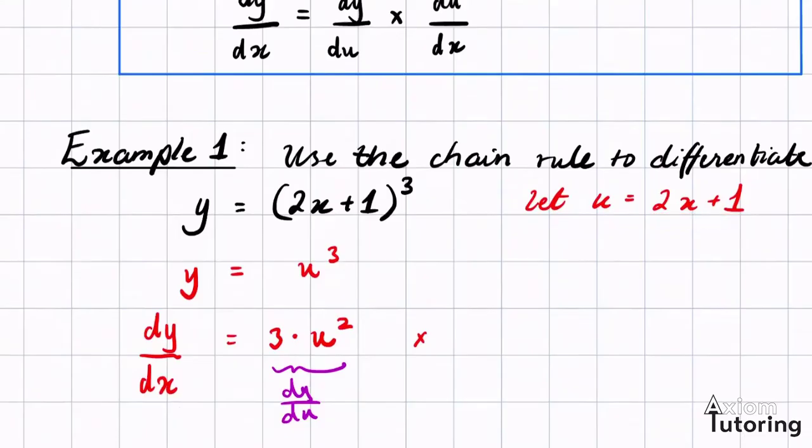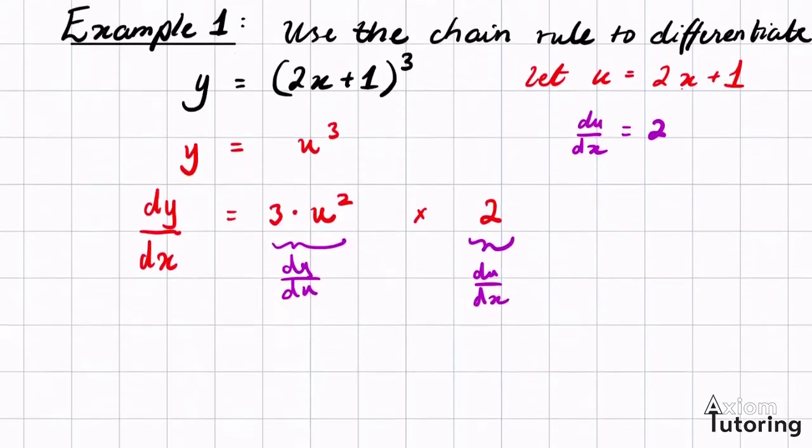And again, the same rules apply. If we're working out du over dx, we differentiate each term with respect to the variable x. 2x differentiated is just 2. And then when we differentiate a constant, we get 0. So du over dx is just 2. So we times by 2. And that is our du over dx.